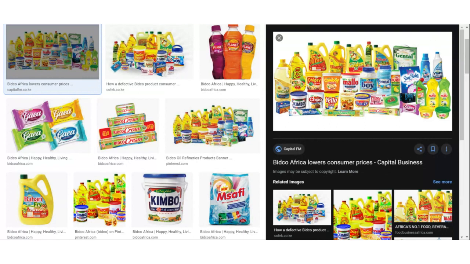You can call it an assortment of products, all produced by Bidco. But when you look at the left, for example, this one you can refer to as a brand. So this is a product brand.